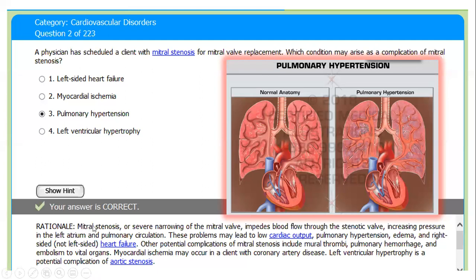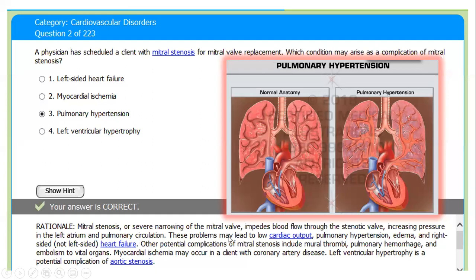Rationally said, mitral stenosis, or severe narrowing of the mitral valve, impedes the blood flow through the stenosed valve, increasing the pressure in the left atrium and pulmonary circulation.